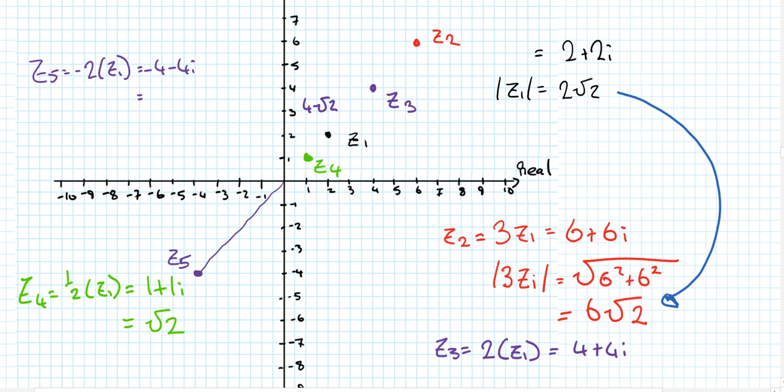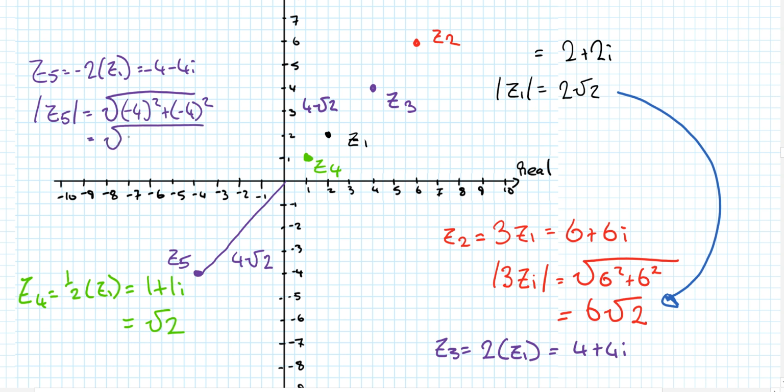It's going to be the same as this distance here. So the modulus would be 4 root 2. Again you could bang that into the old modulus formula. Modulus of Z5 would be minus 4 squared plus minus 4 squared, square root of 32, works out to be 4 root 2. So this length again is 4 root 2 there.